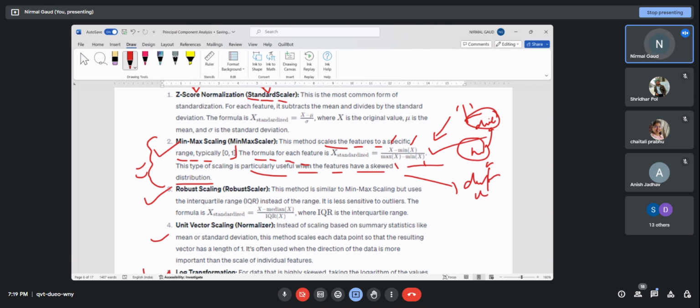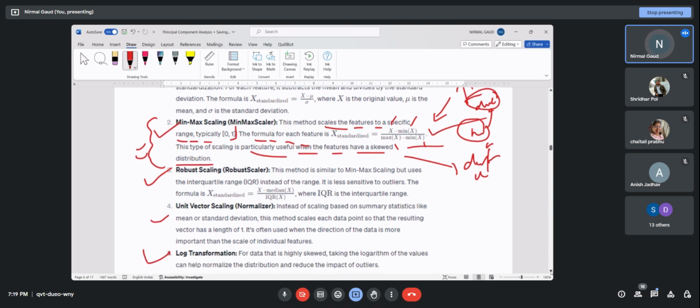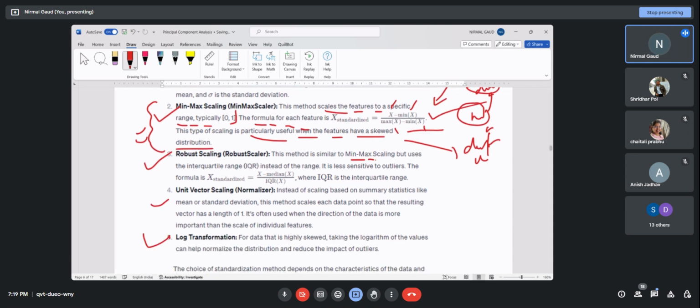Your next scaler is robust scaler. Unlike min max scaler, the robust scaler uses IQR, interquartile range. Robust scaler is specially used for outliers; it is less sensitive to outliers.